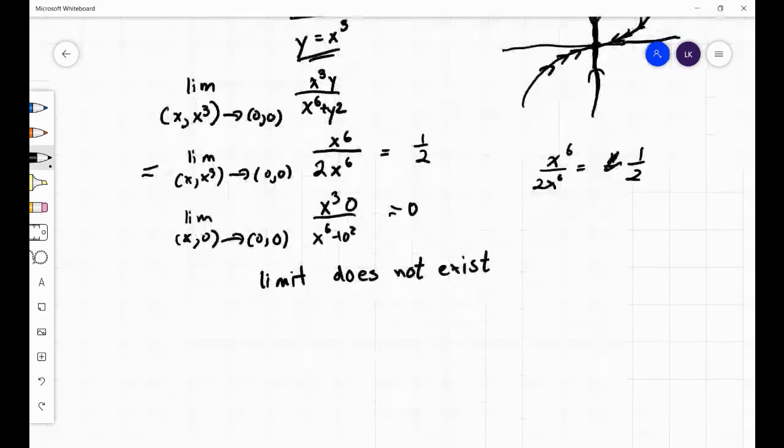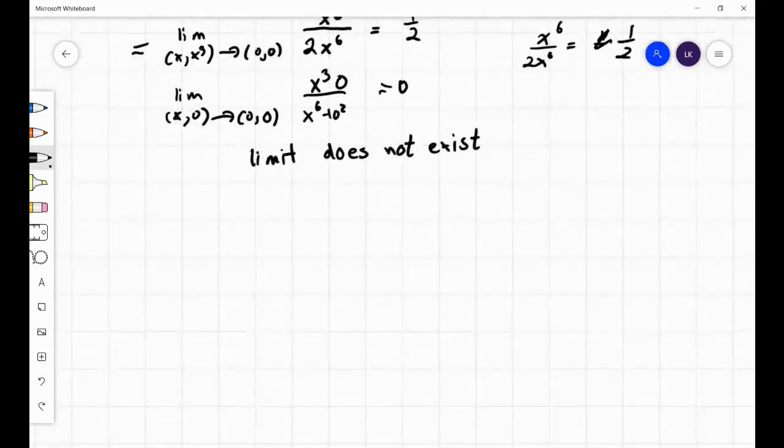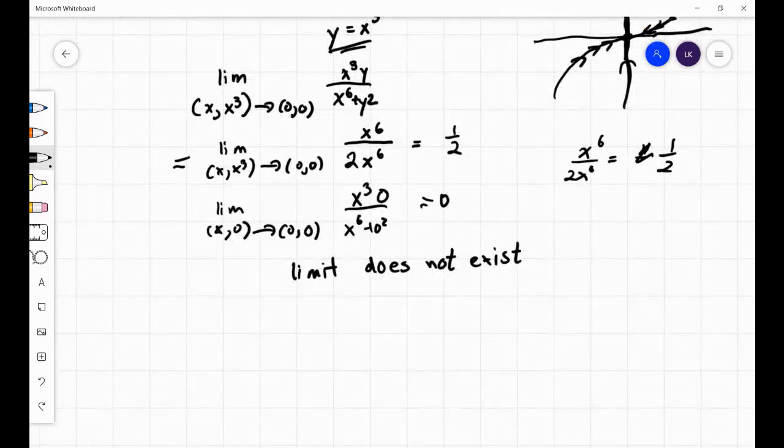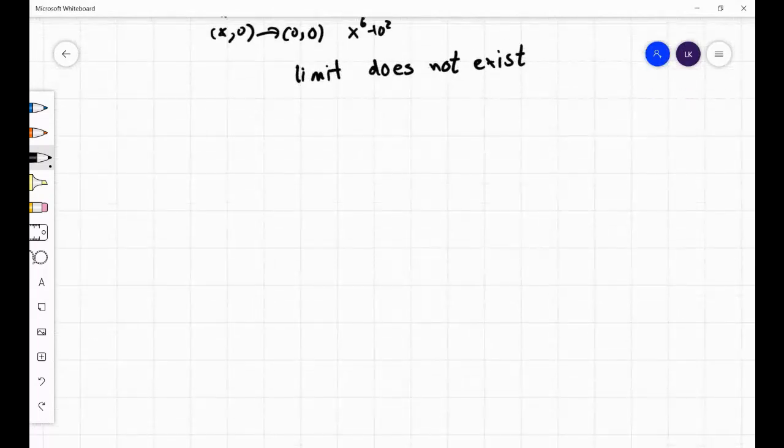So the next thing we'd want to try, so it's possible that maybe the limit exists along all lines and polynomial curves towards the origin. So maybe we can try polar coordinates instead. The last thing we want to look out for is trying polar coordinates.